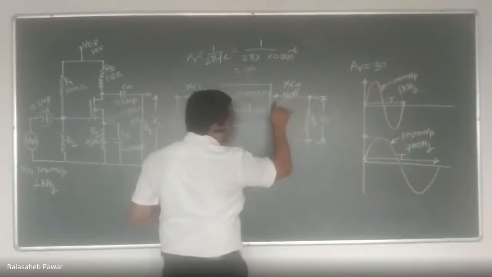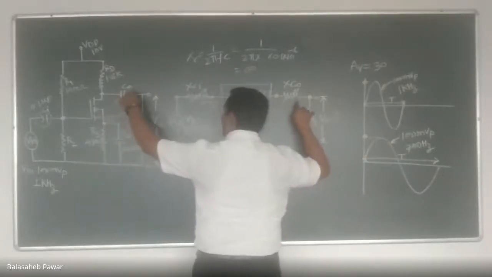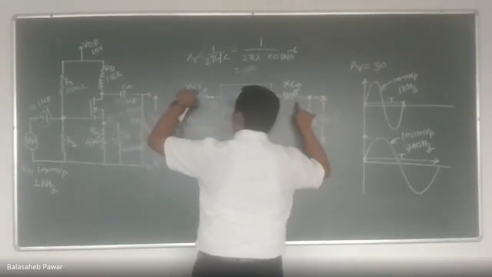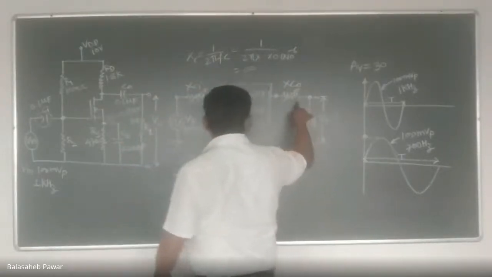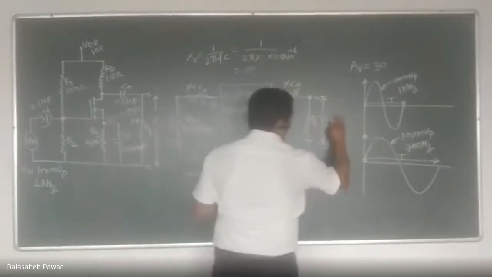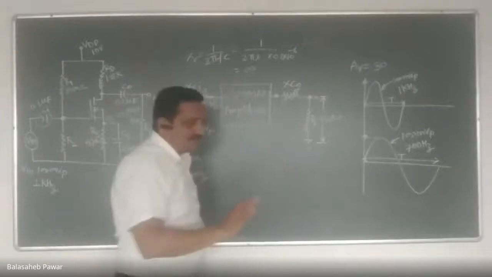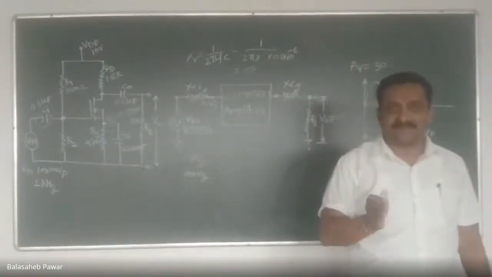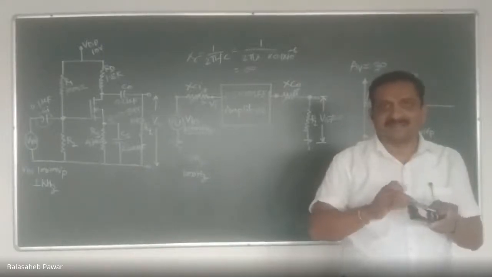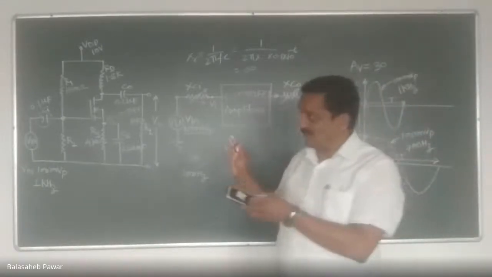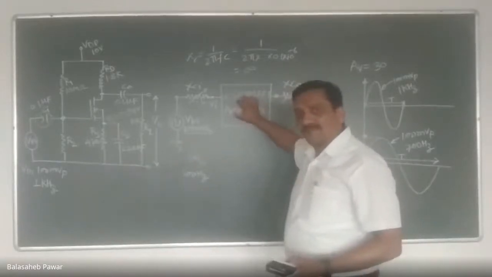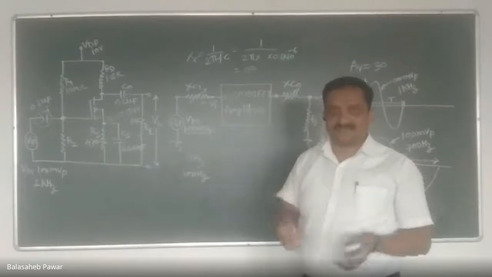That signal passes through the output coupling capacitor, the CO. Again, it will also offer the same reactance as that of the input coupling, right? And hence, that will not be 0, right? It will not be 0, but it may be somewhat less than the input, or somewhat greater than the input, or equal to the applied input, that is 100 millivolts, because this amplifier circuit will amplify the signal by 30 times.